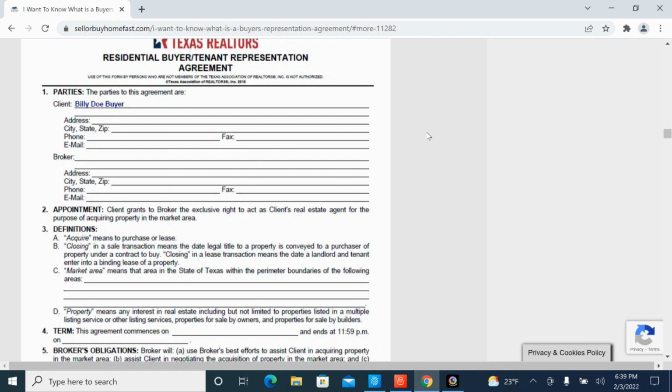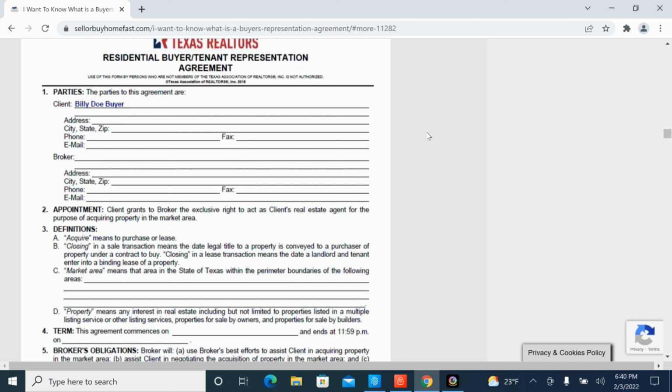Representation agreements are negotiable in reference to how long they last. It could last 30 days, it can last 3 months, it could last 6 months. It all depends on what you and the realtor decide.